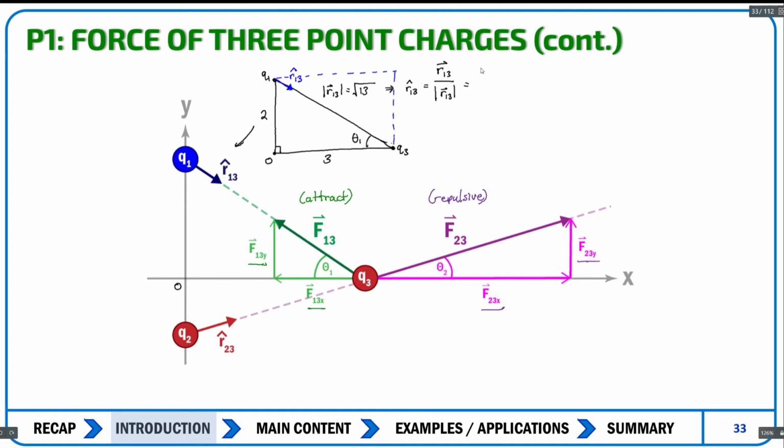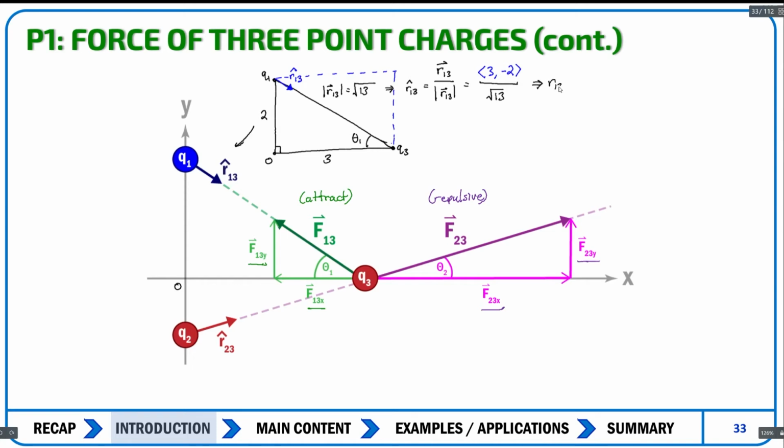So that tells me that this is going to be given by 3, minus 2. And we are going to divide by the magnitude, which is the square root of 13.